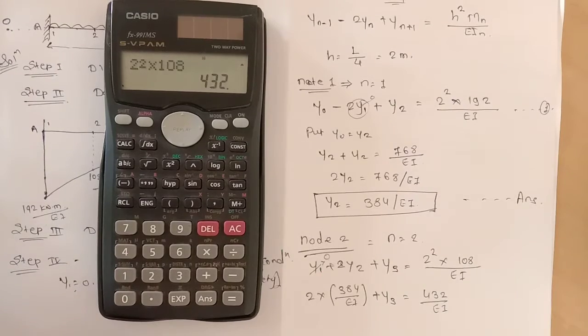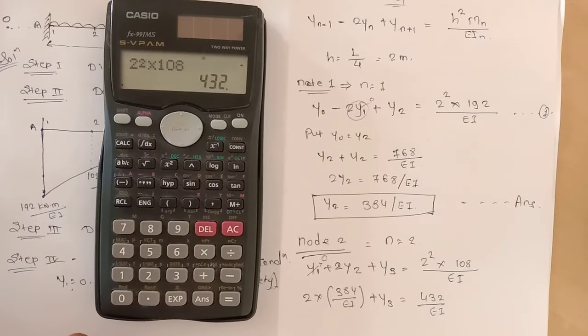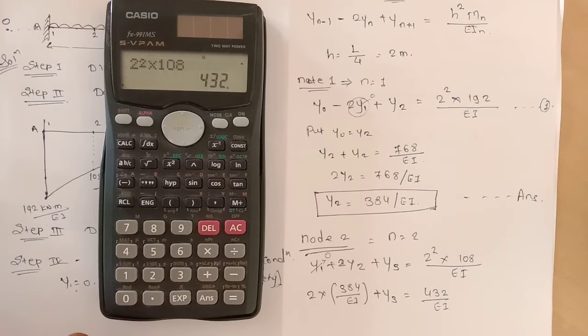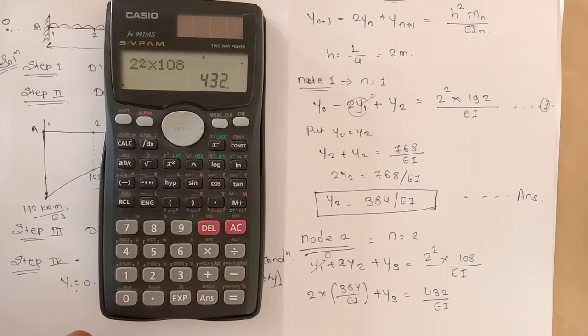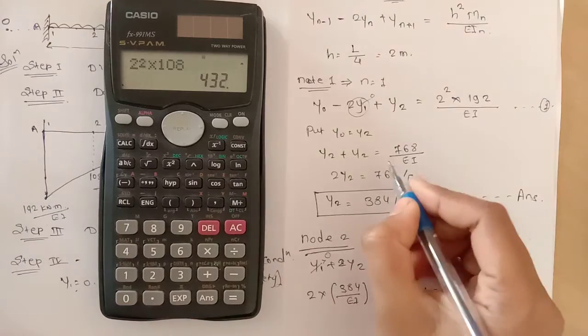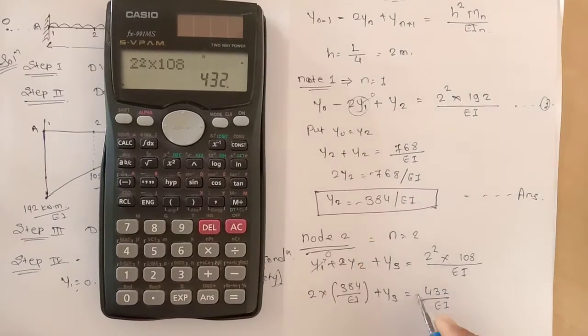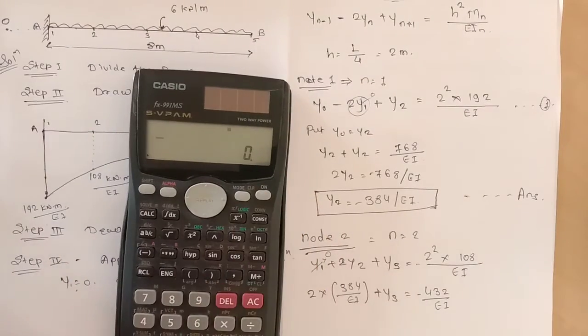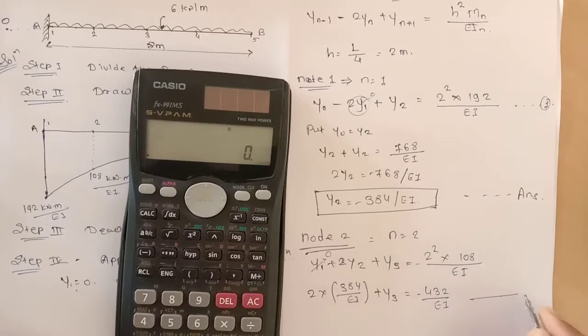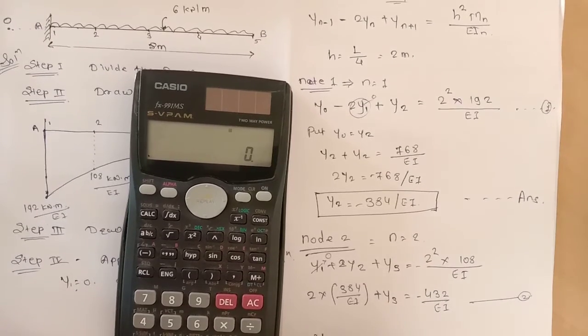Here there is a minus sign because of hogging bending moment. This is equation number 2, and from this equation we get the y3 value.